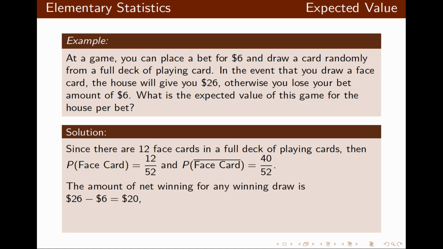The amount of net winning will be $26 from the house, but minus $6 to pay to play. So the net winning gain would be $20 if you win. And if you don't win, you're going to have a net loss of $6.